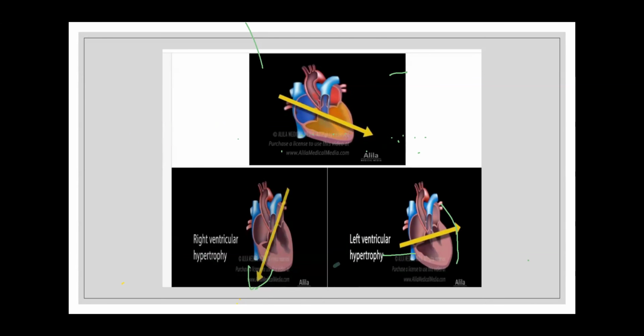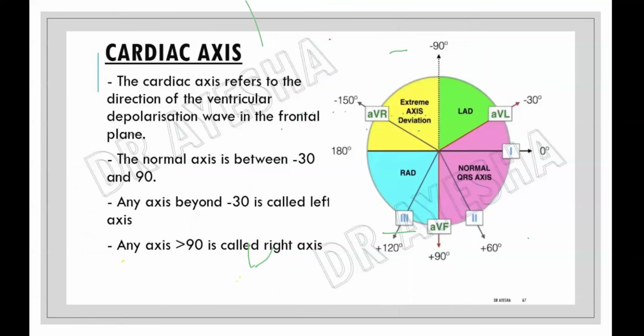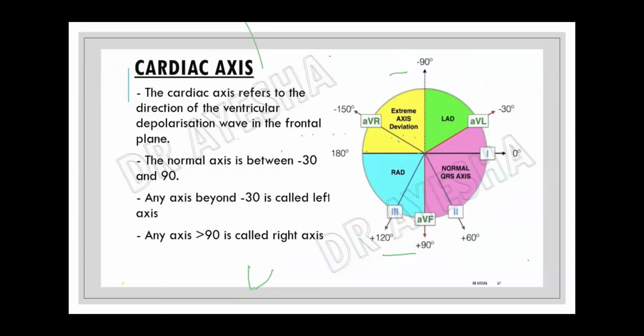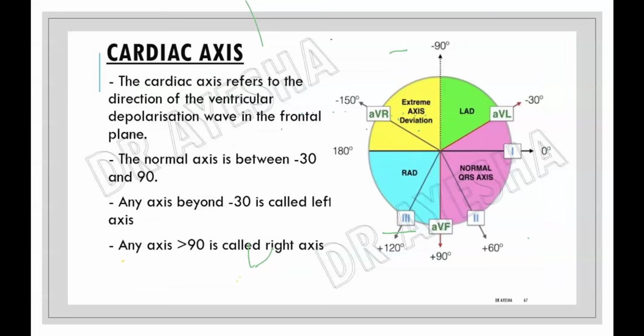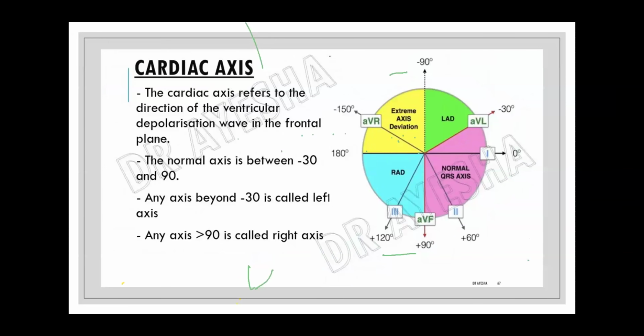For ECG, you should know this. This is a very good circle, or you can say figure, which will tell you about the cardiac axis. And you can see, I've already told you about the leads. So for cardiac axis, the most important leads which you are going to look at are, first of all, lead 1 and lead AVF.